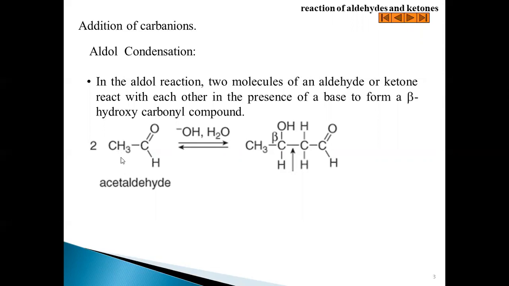When such aldehydes that are having alpha hydrogens react in aldol condensation reaction, they give a product, that is beta hydroxycarbonyl compound. Second important thing is the reaction requires a basic environment, that is the pH should be alkaline.